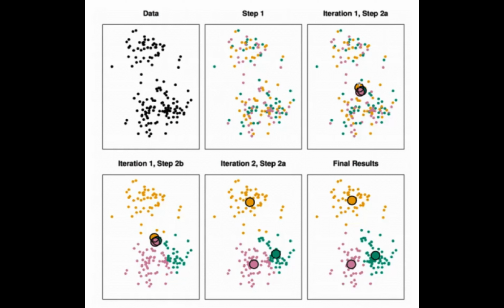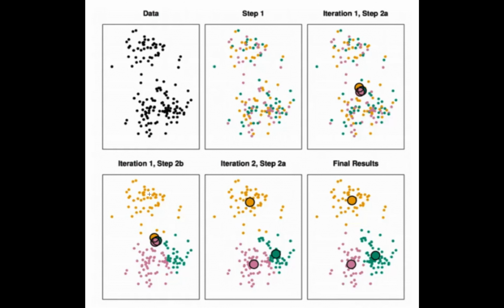Then we assign each data point to the cluster for which the centroid is the closest. You can see all these data points here. They are closer to the yellow centroid instead of the pink one or the green one, right?